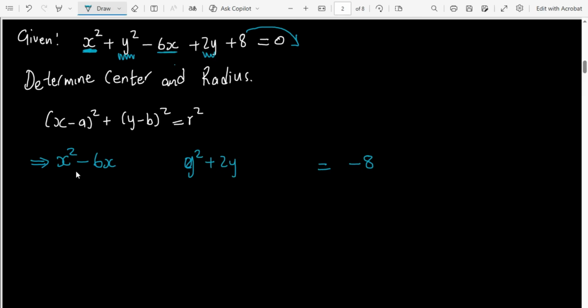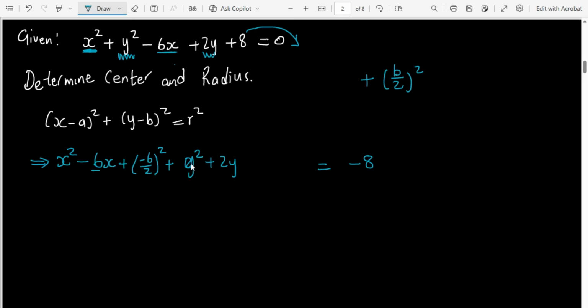So now I'm happy that the x squared already has the coefficient of 1. So I can just add the coefficient of b over 2 squared on both sides. Here the coefficient of b is -6, so I'm going to add (-6 over 2) squared.